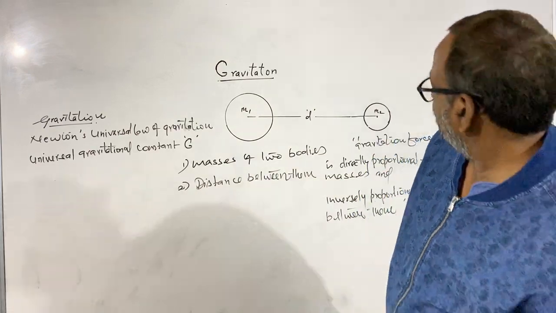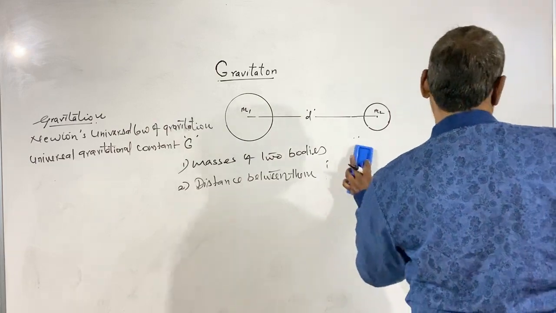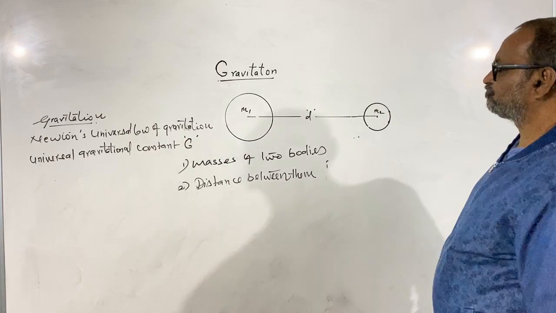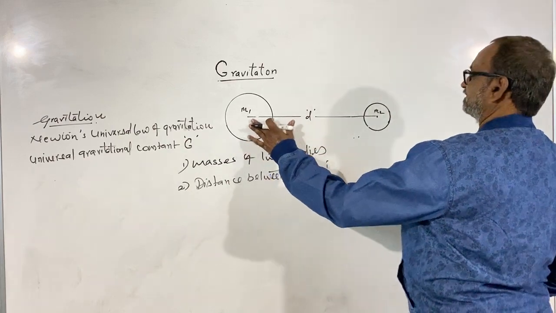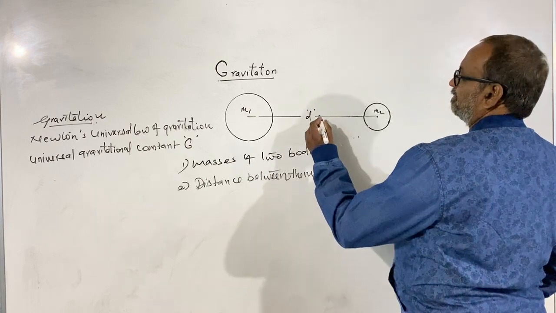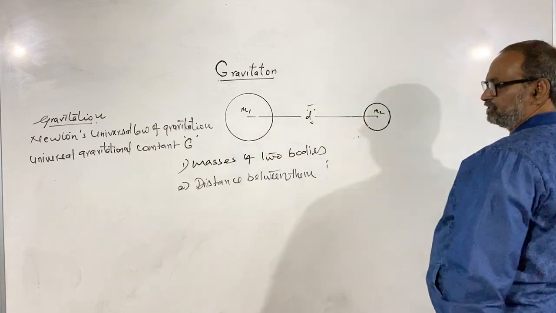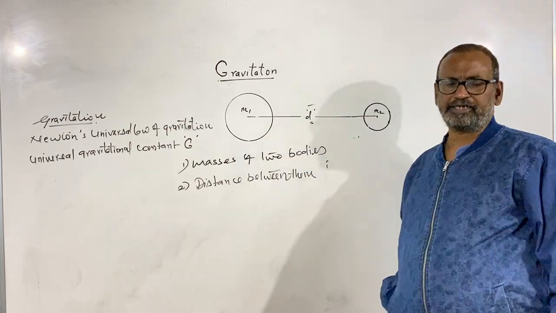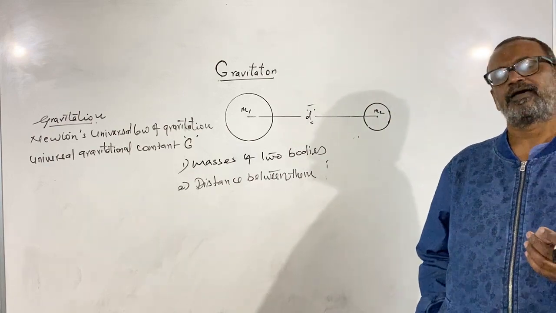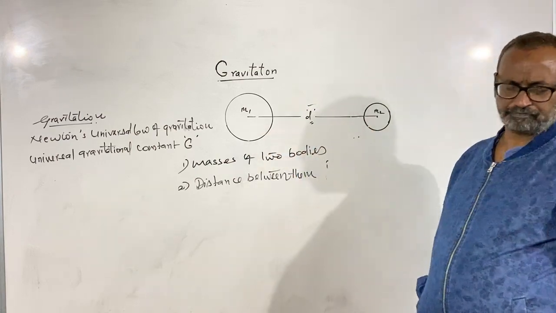So, we can derive the formula for the universal law of gravitation. Consider two bodies of masses m1 and m2 separated by a distance d from their centers.